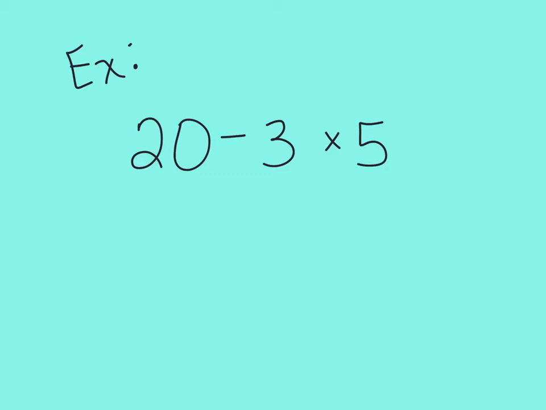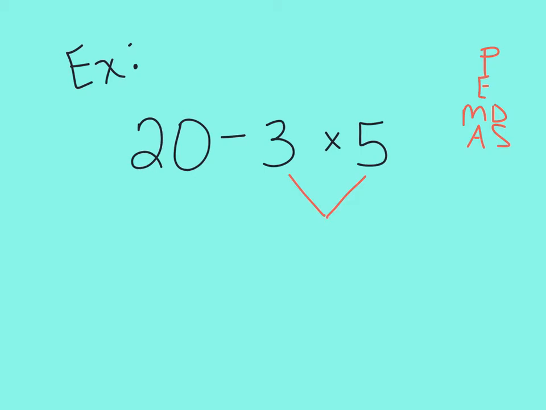So what we have here is 20 minus 3 times 5. Now, based on what we just got through talking about, we have parentheses, exponents, then either multiplication or division, and then addition or subtraction. So in our expression right here, we can see that we have multiplication that we are going to go ahead and find a product of here.